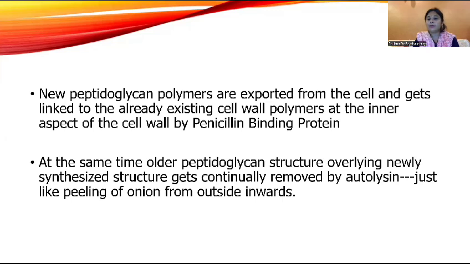Just like peeling of onion from outside inwards, the outer layer being peeled off, and the inner layer, that is a new one, gets synthesized from the inner side and then gets attached to the already existing cell wall polymers. It gets linked at the inner aspect.